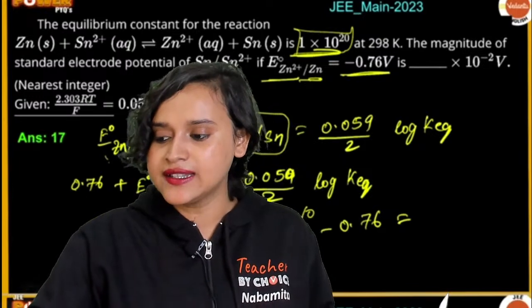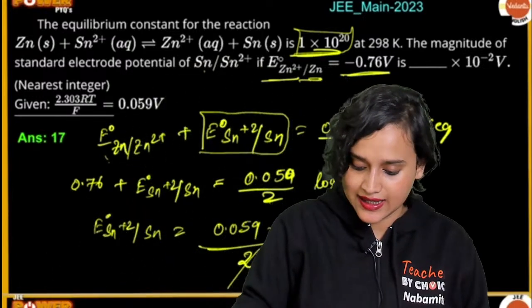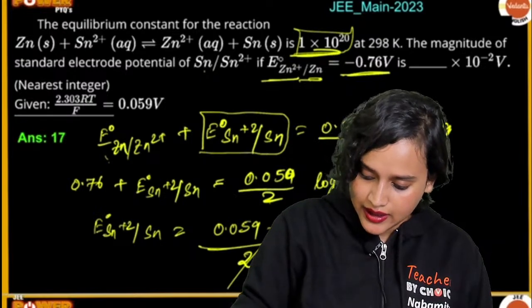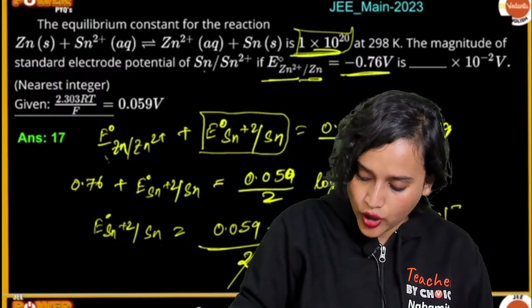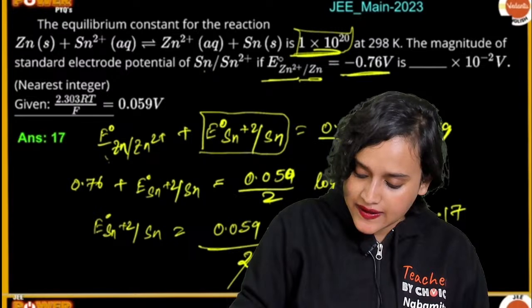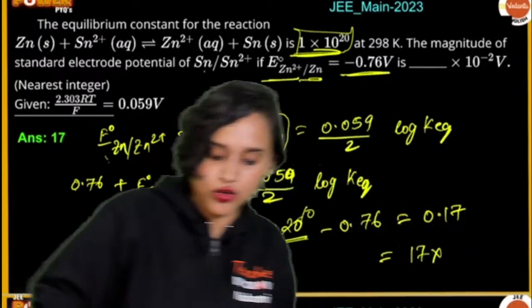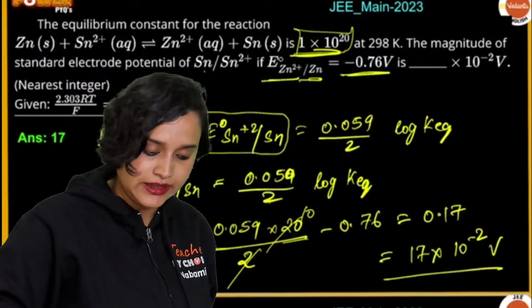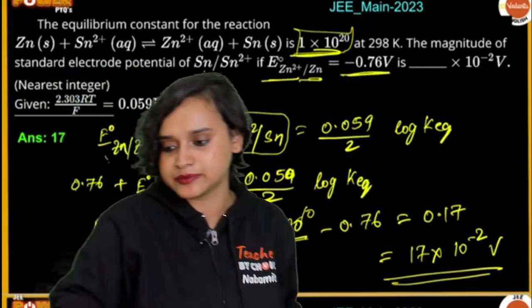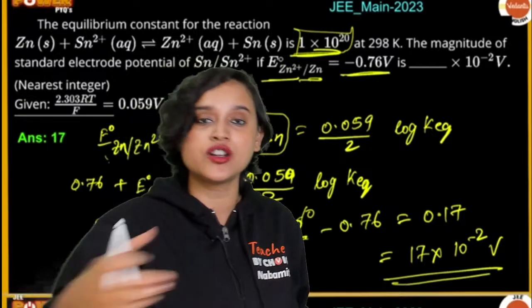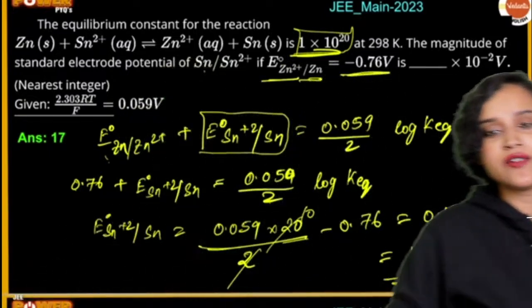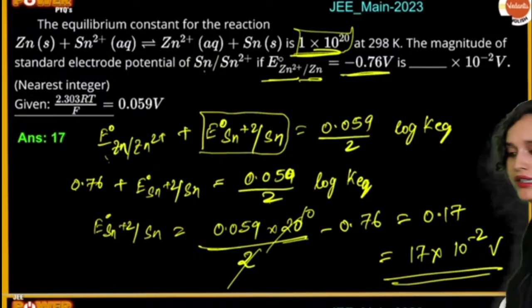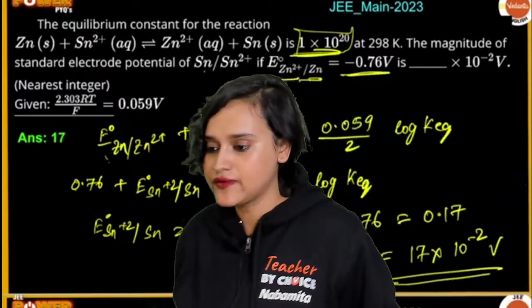Minus 0.17, isn't it? Yes. So it will be 0.17. That means it will become 17 into 10 to the power minus 2 volt. That is the answer. I just did not subtract minus 0.76. Now it's fine.